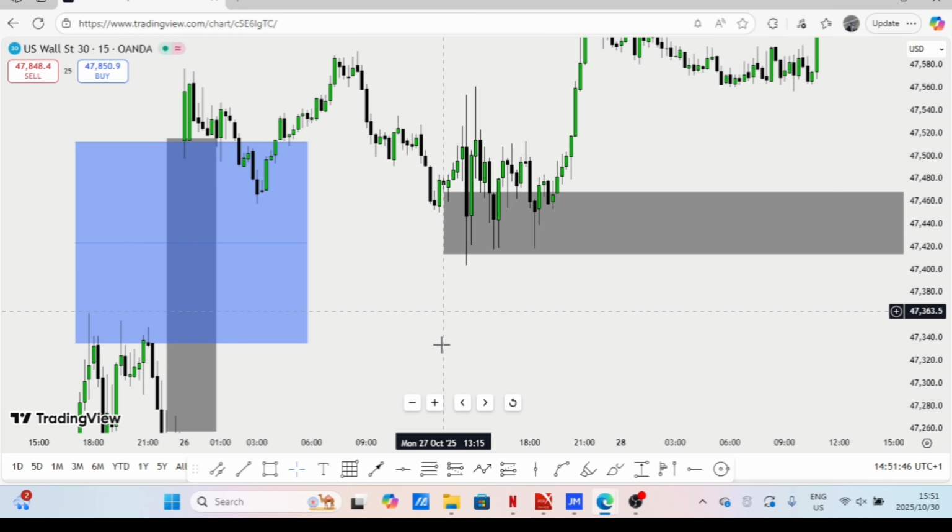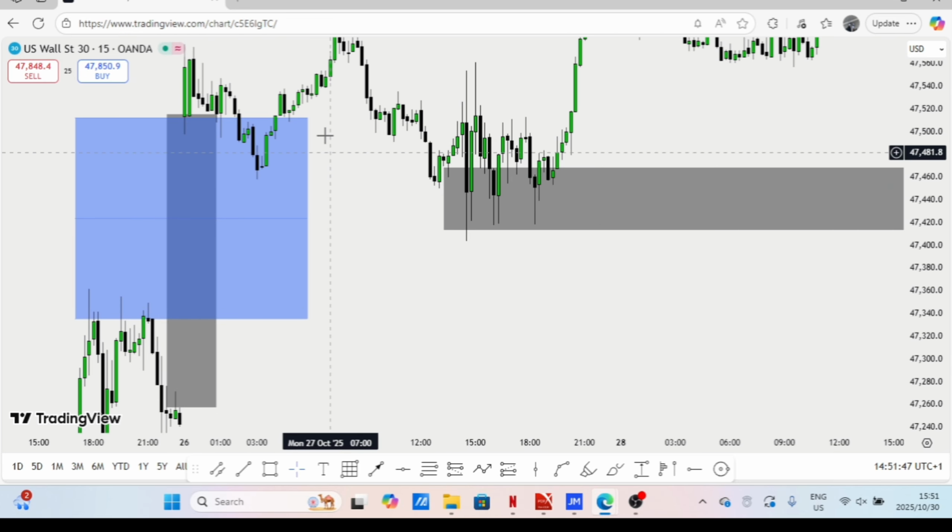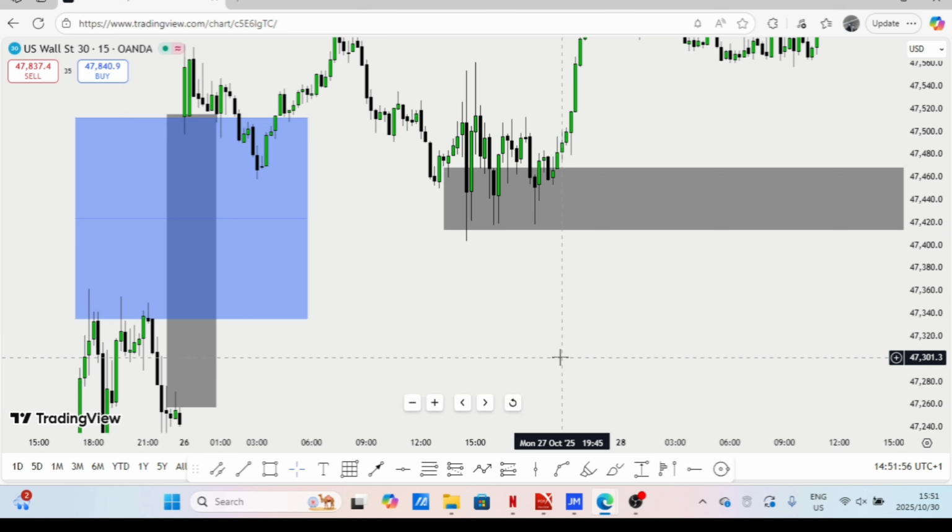Because with this 50%, you never know if the market is going to fill up 50% of the gap, 80% of the gap, or 100% of the gap. Which is why I do not like taking so much risk with my money, guys.